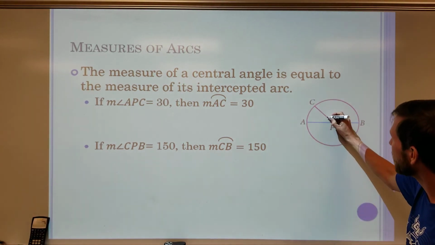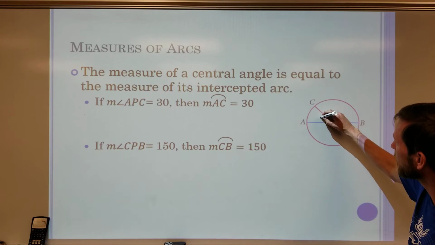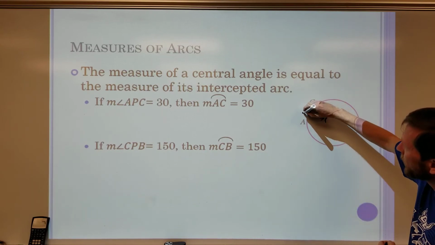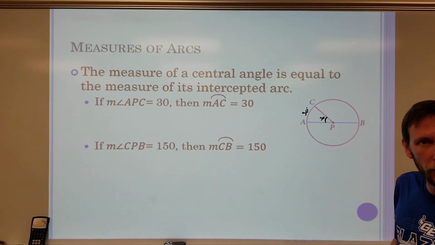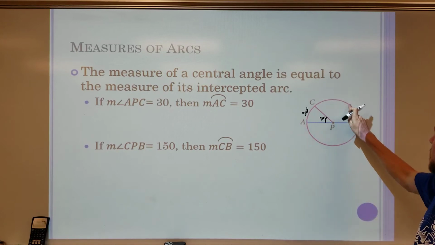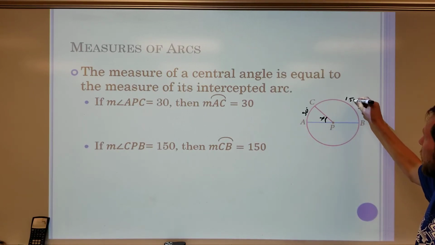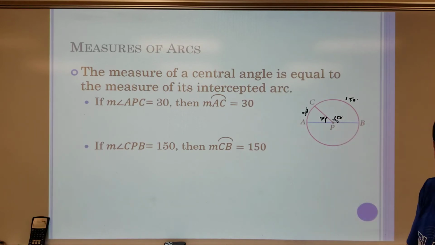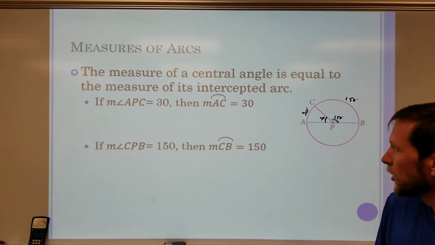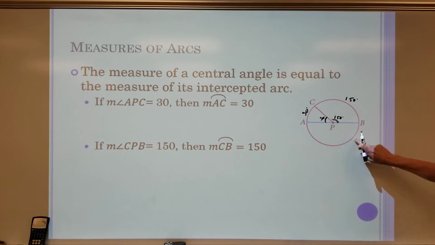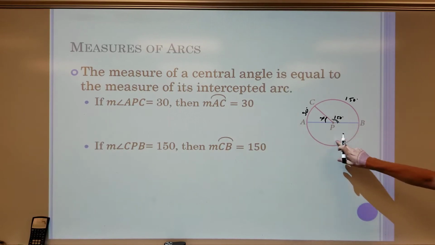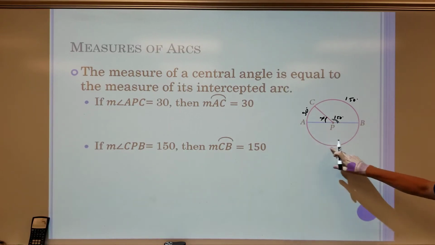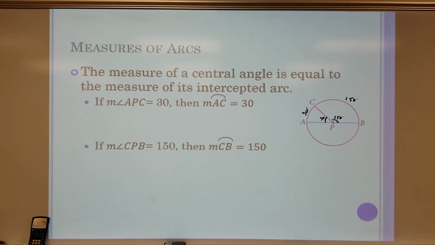And so if this angle's measure is 30 degrees, then this arc's measure is also 30 degrees. If this arc's measure is 150 degrees, then this central angle's measure is also 150 degrees. All right? So hopefully nothing too crazy there. The measure of this straight angle is the measure of this semicircle, 180 degrees, or half of the whole 360.